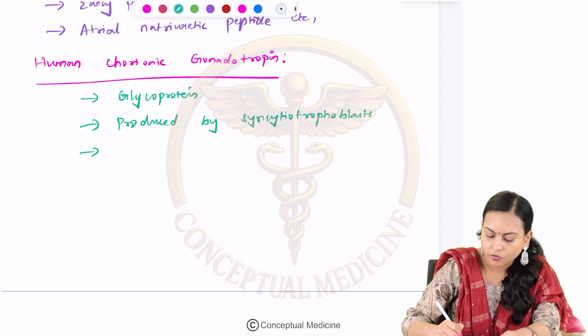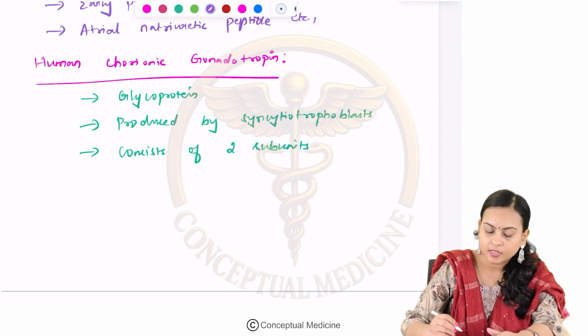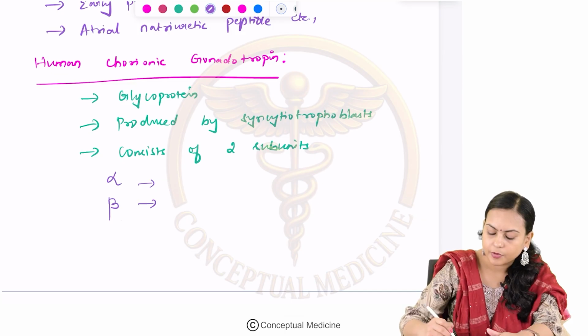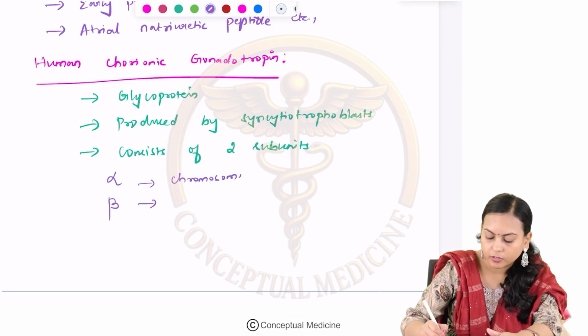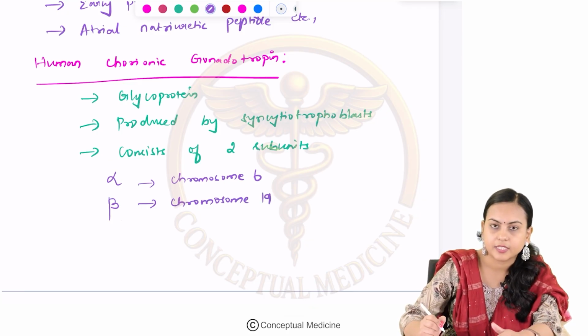It consists of two subunits, the alpha subunit and the beta subunit. Alpha subunit is coded on chromosome 6 and beta subunit is encoded on chromosome 19.